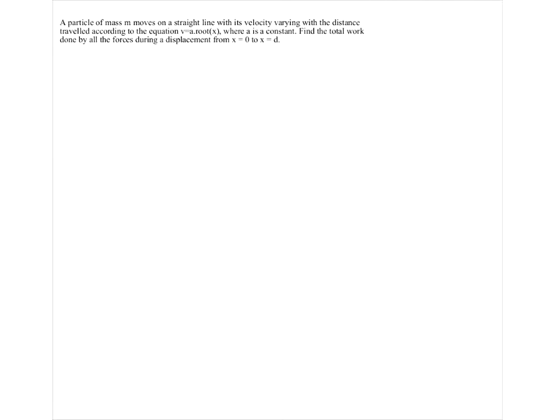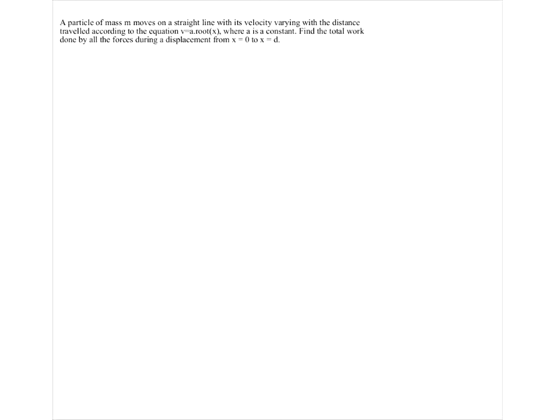This is based on V depending on X. So don't assume to begin with that force is constant.